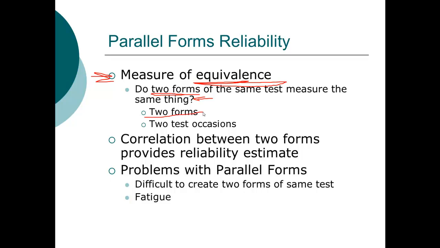So we've got two different forms, two separate test occasions, and then the correlation between the two forms provides a reliability estimate. Now, main problem, it's difficult to create two forms of the same test, and two equal ones. And then fatigue. I mean, you're going to test people to death. Chances are the more they get tested, the worse they're going to do over time.